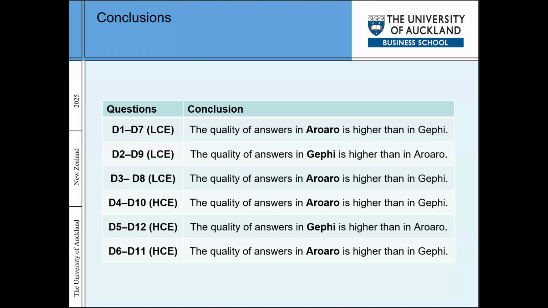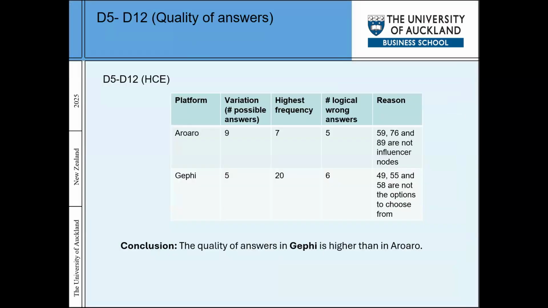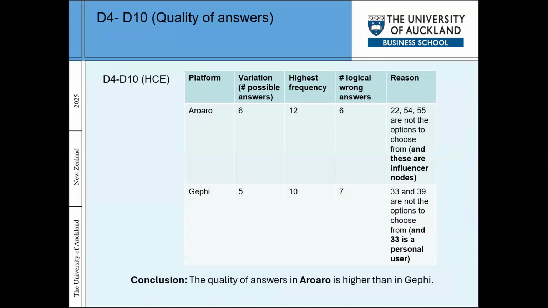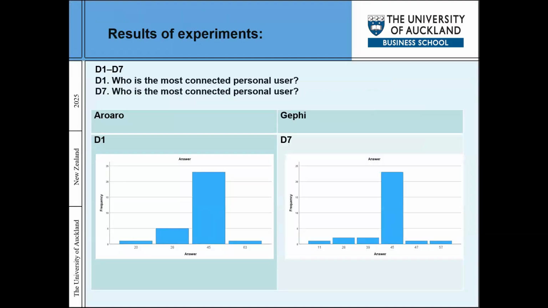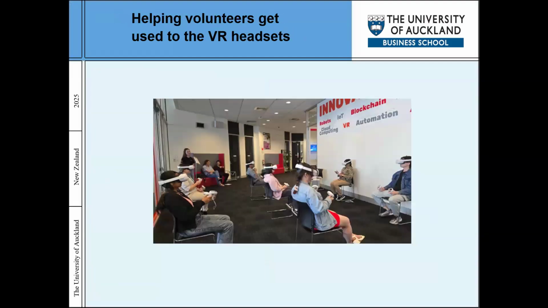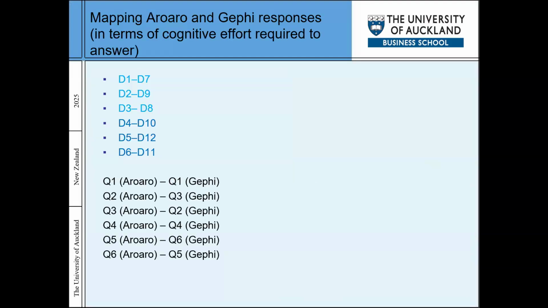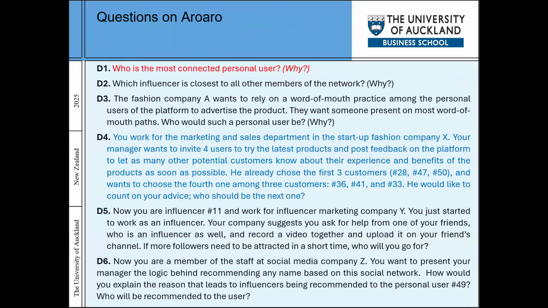Let me just jump in here and say, the questions were designed in a way that we expect them to be harder to answer. And so we have the two sets. The first three are kind of easier than the other three. The story itself is longer, so that gives us an idea.